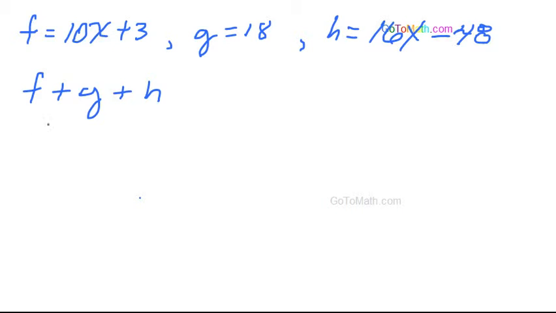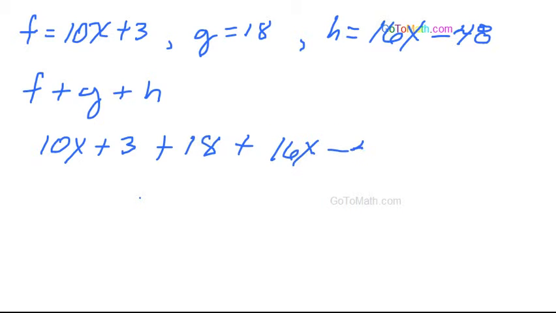Okay, so here's F: 10x plus 3. We're just going to write it in this order right here. Plus G, and plus H: 16x minus 48. Now let's collect up our like terms. We have 10x and 16x, so that's going to be, what is that, 26x?